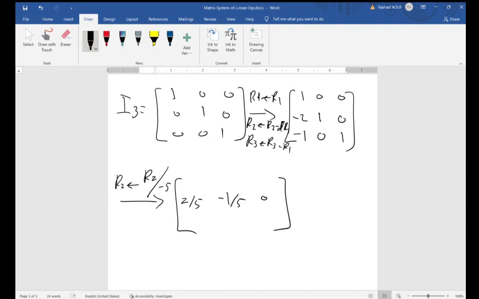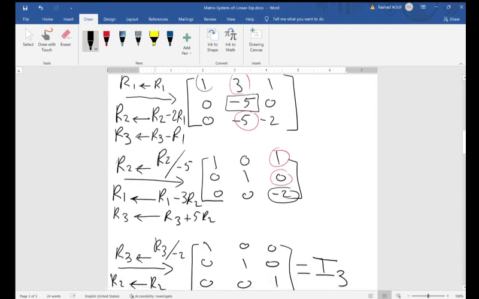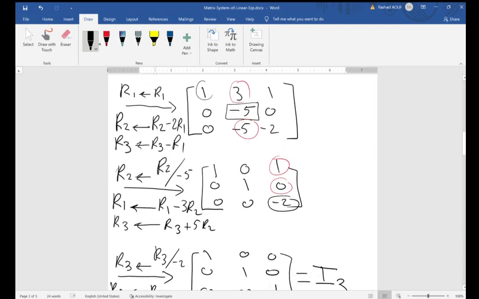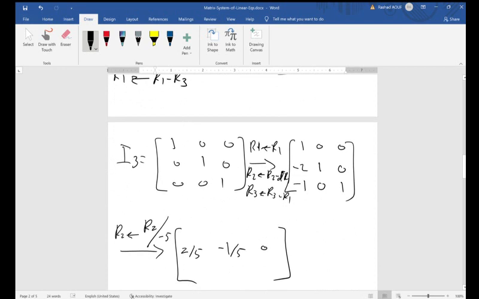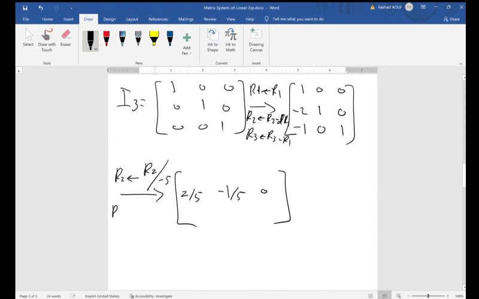Row 1 is row 1 minus 3 row 2, which will be minus 1 over 5, 3 over 5, and 0.